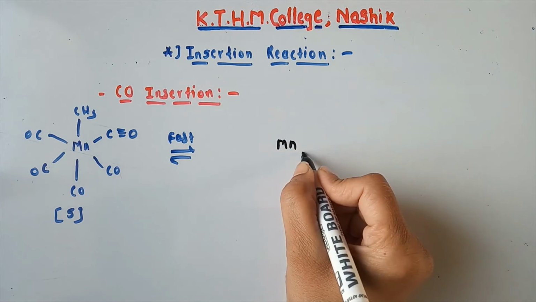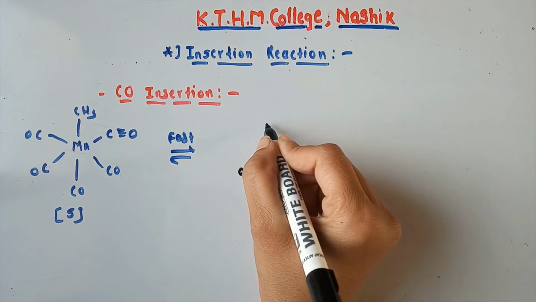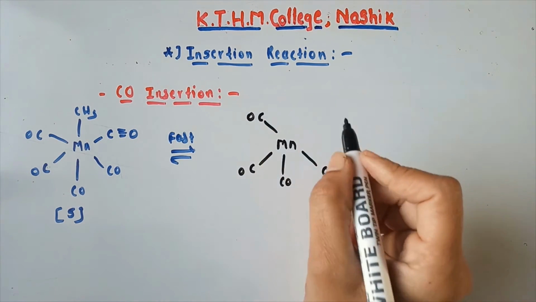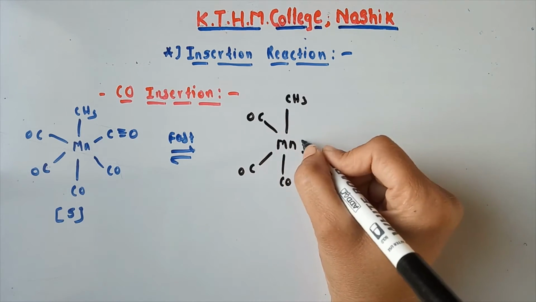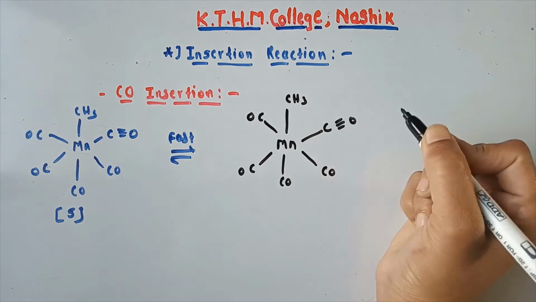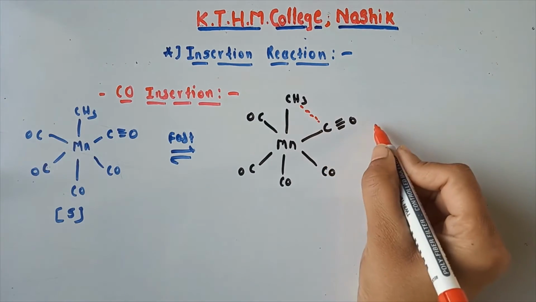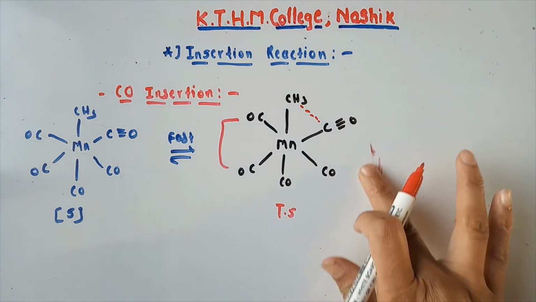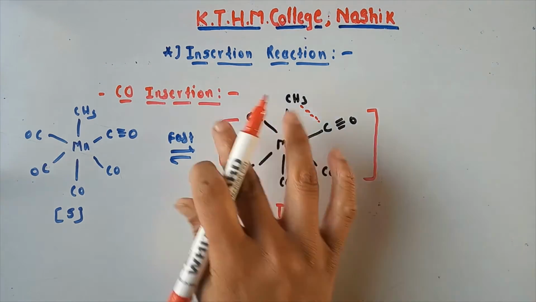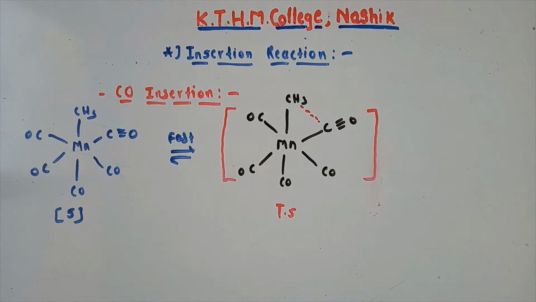Mn with CO, CO, CO, CO, and CH3 with C triple bond O, and here is the three-membered transition state. So the next reaction is again a fast one.